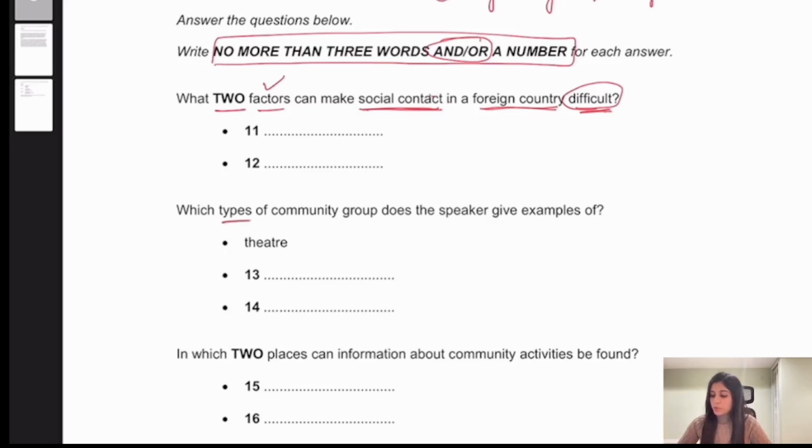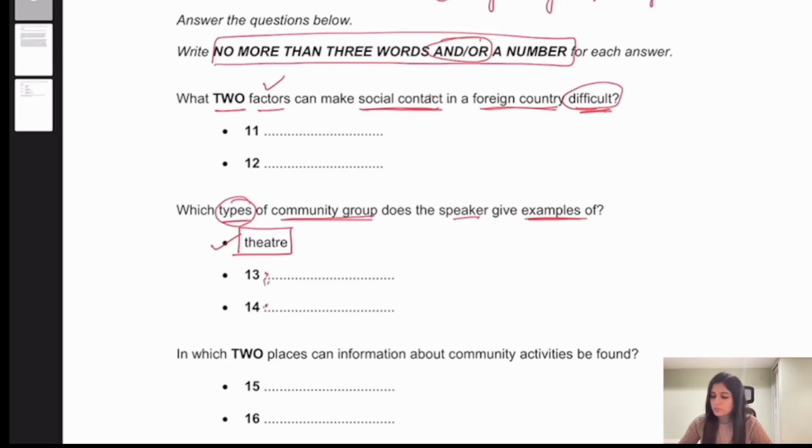Which types of communities? Now listen for the conversation where they're discussing the types of community group. Does the speaker give examples of certain groups that are community groups? One of them has already been mentioned, which is a theater. So as soon as you listen to the word theater, you should be attentive to fill these 2 blanks.